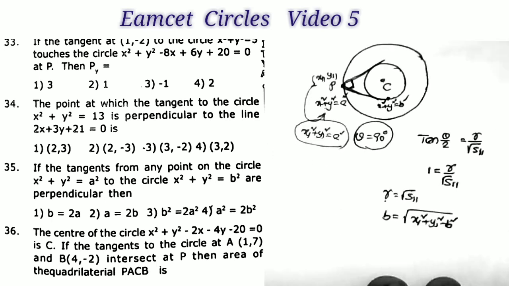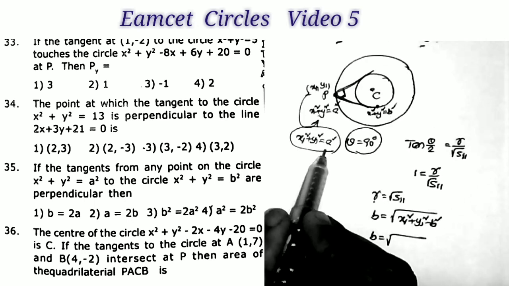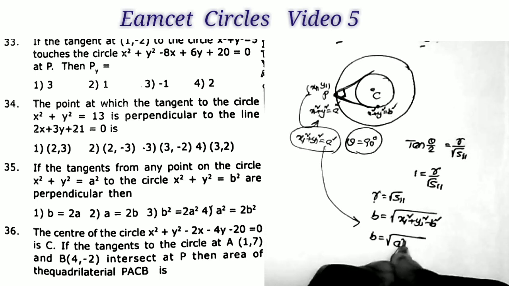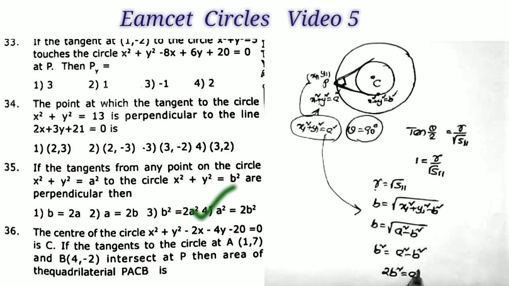So b is equal to the square root of a square minus b square. Now squaring on both sides, we get b square is equal to a square minus b square. Therefore the answer is 2 b square is equal to a square. That's all.